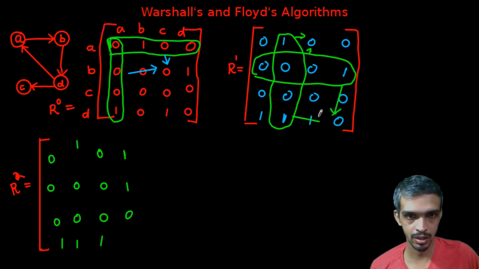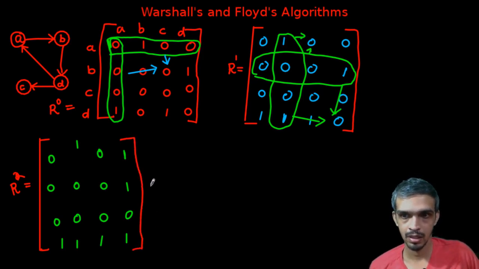This is ORed with the 0. So this will become 1. So this is R2.